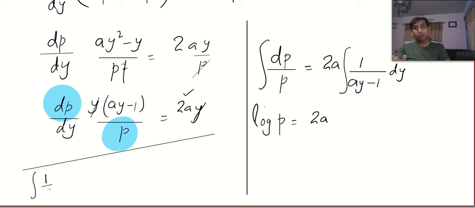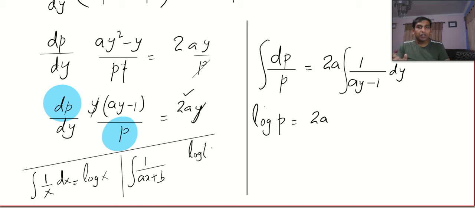Integration of 1 by x is log x, I mean natural logarithm of x. So integration of 1 by ax plus b will be log of ax plus b the whole divided by a. So with that information we can integrate this.